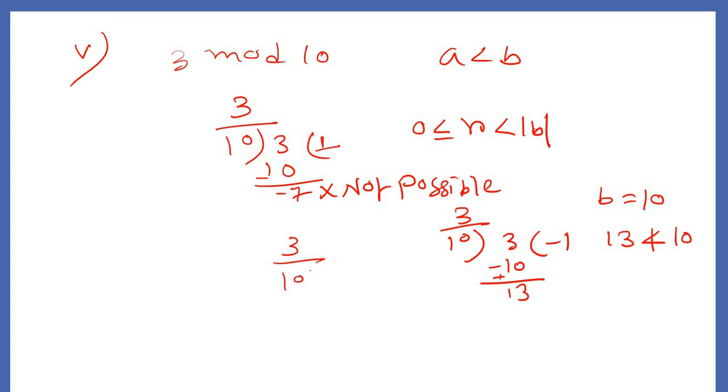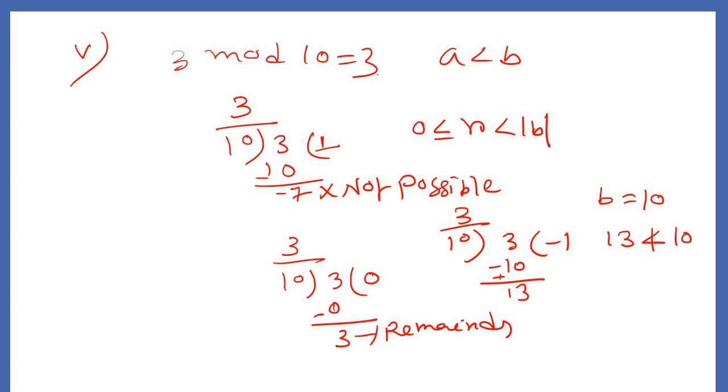Therefore we take the quotient 0, and then we will get the proper remainder, which is satisfying the range of the remainder, that is greater than or equal to 0 and also less than b. Okay, therefore here the remainder would be 3. So the answer would be 3 here. I hope you all have understood.